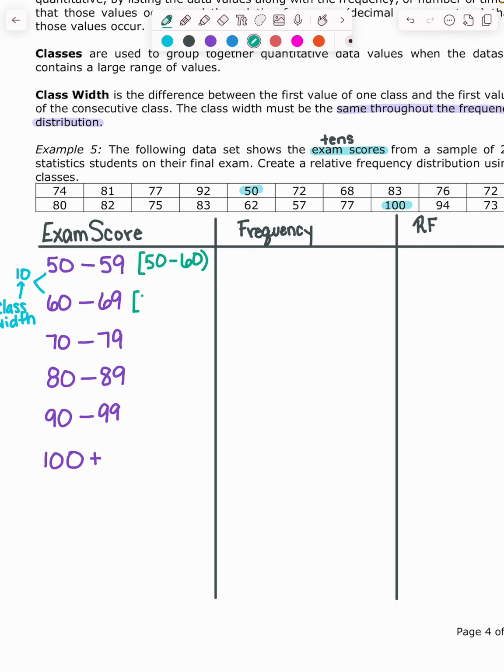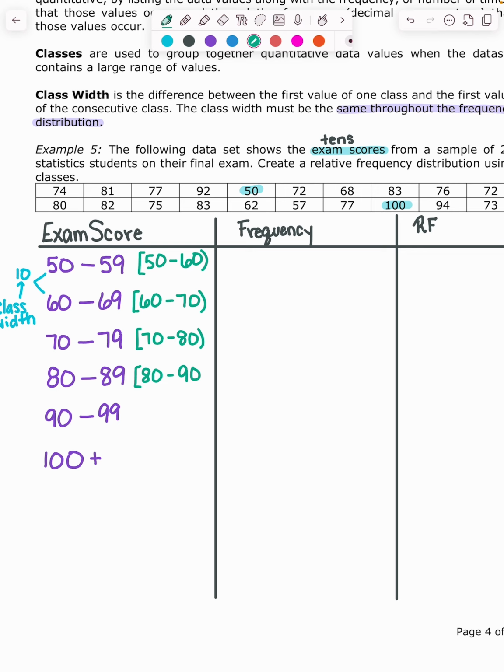So hard bracket 60 up to, but not including the 70. So this is just another way that we can see these classes written. And just know that wherever the hard bracket is, we are including that number in this row.